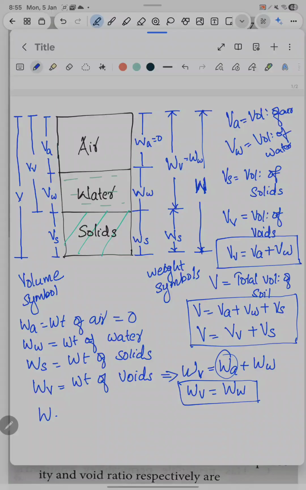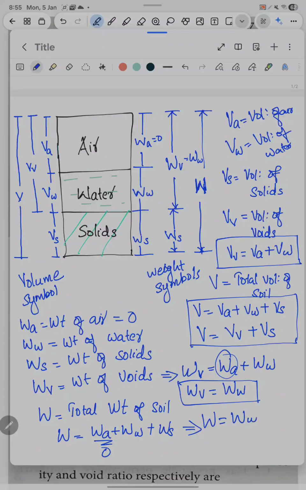Next term is capital W, that is the total weight of soil. So here we can write the relation capital W is equal to weight of air plus weight of water plus weight of soil solids. Here WA is equal to 0, so total weight is equal to weight of water plus weight of solids, or we can write total weight is equal to weight of voids plus weight of solids.